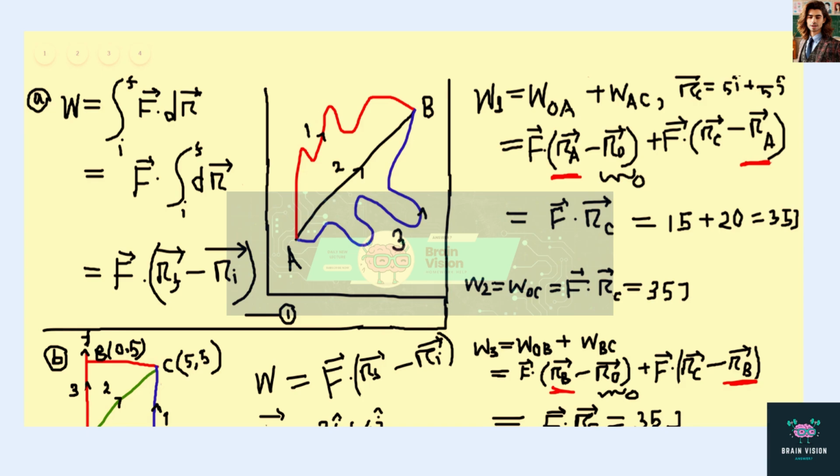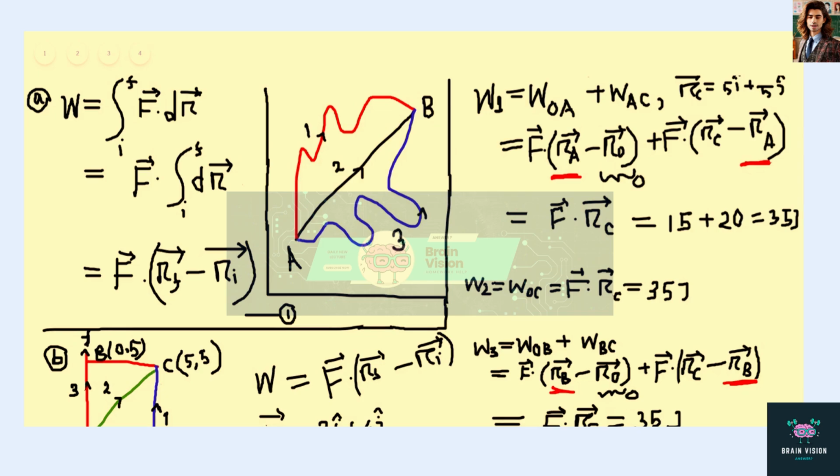Then we will have only dr, and if I complete the integration, I will have this expression as F dot (rf minus ri). What does it mean, and how does it define that this force is conservative?